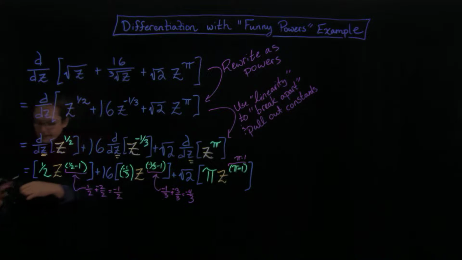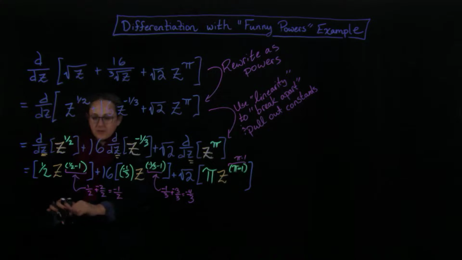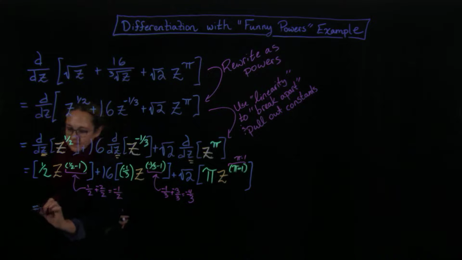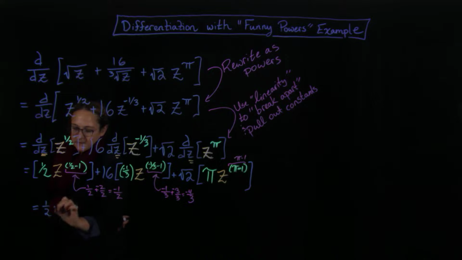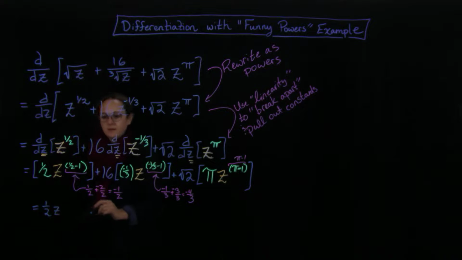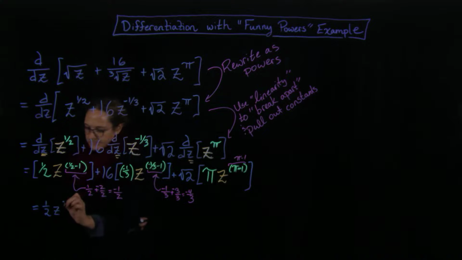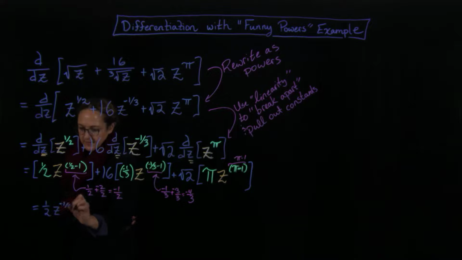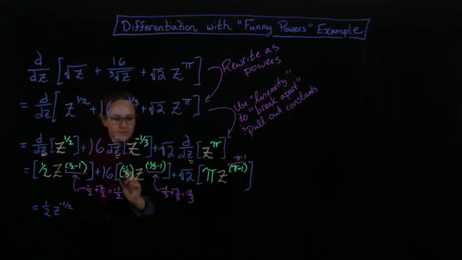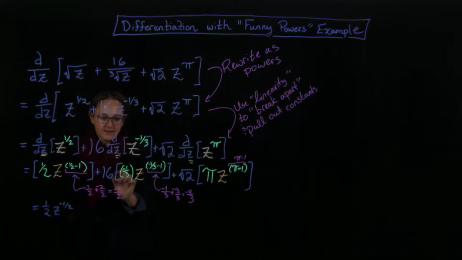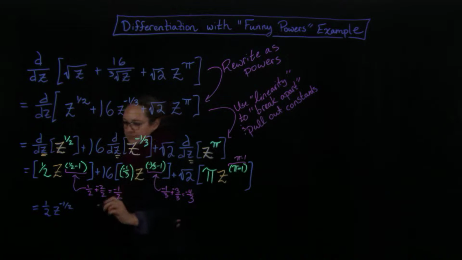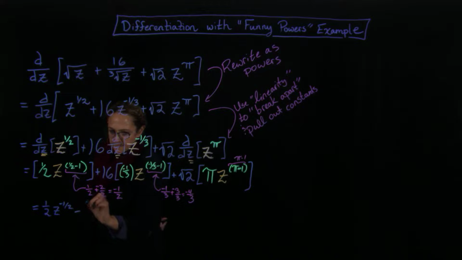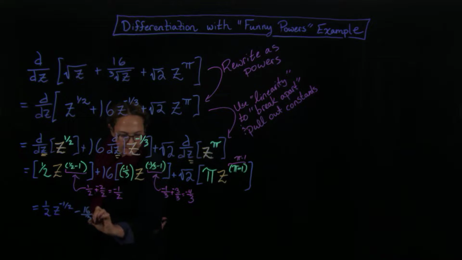Okay, so now that I've computed all those, I can just write this out. So I have 1/2 Z to this power here, so this is the minus 1/2. Okay, so I took care of this one. This one I actually have to multiply the 16 and the minus 1/3, so I end up with minus 16/3 if I got this correct.